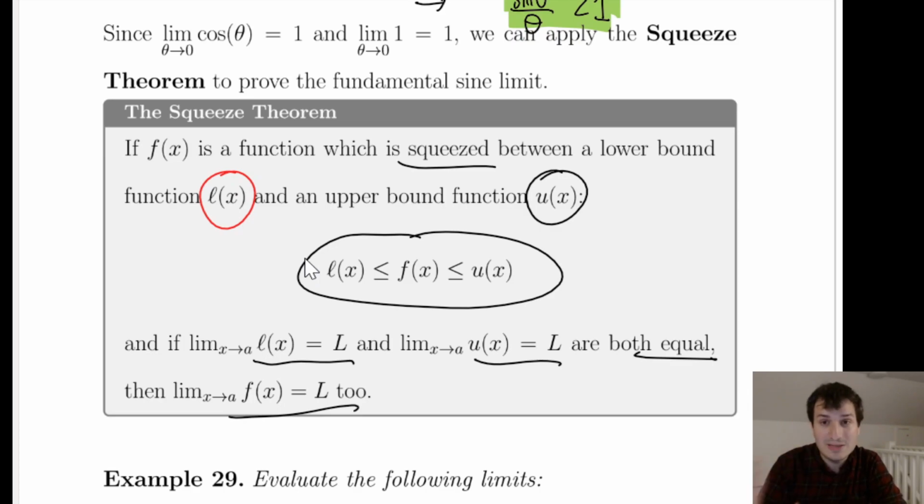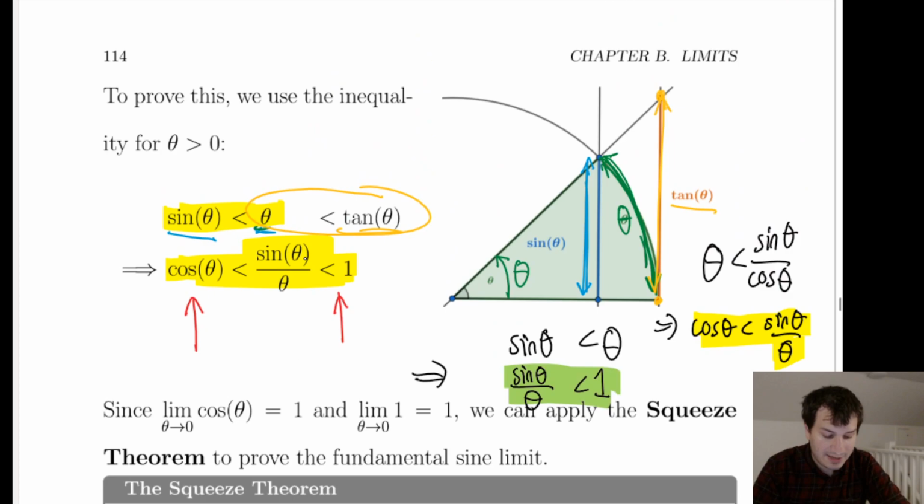So this is called the squeeze theorem, and it is a way to prove limits, things like 0 over 0 limits, when you can't simplify or do anything else. You can look for an upper and a lower function that squeeze the thing you're looking for and prove it that way. And that's what we've done with sine of x over x.